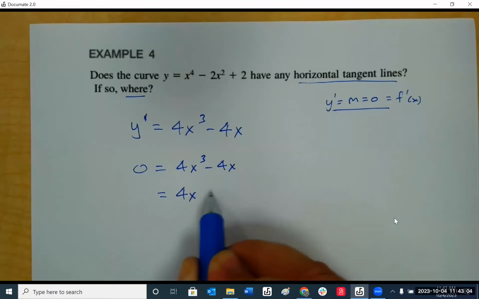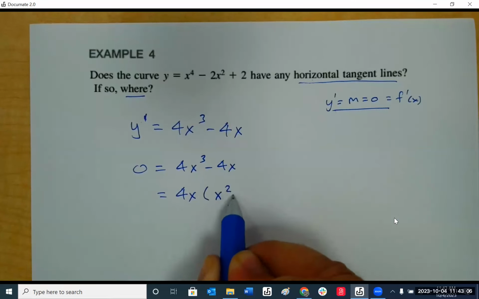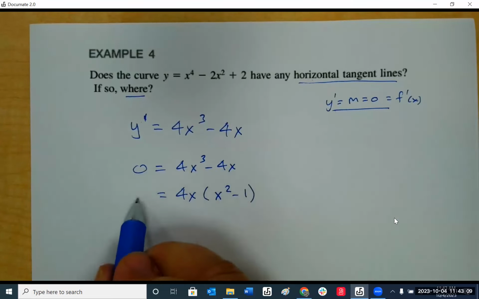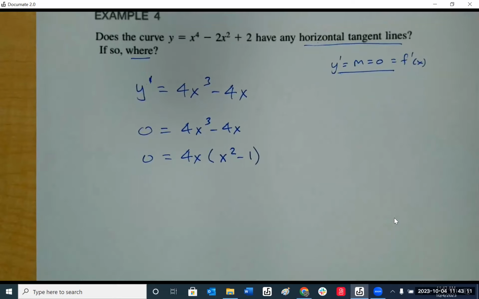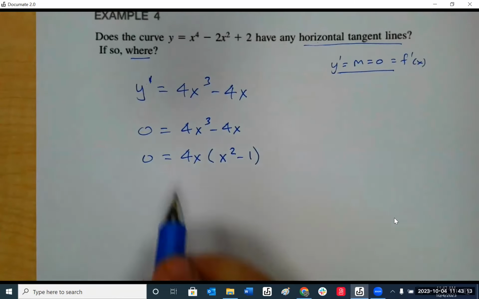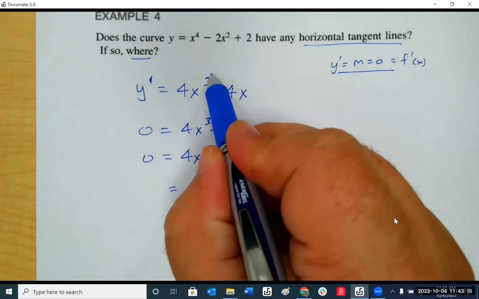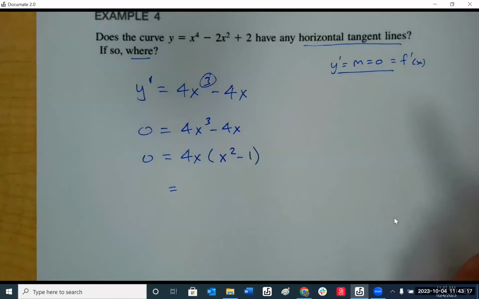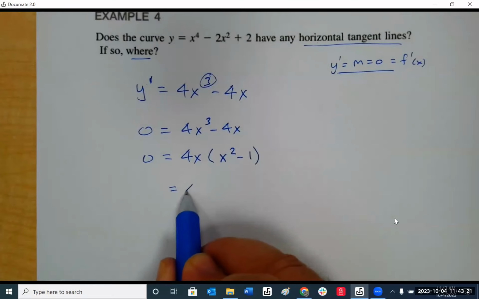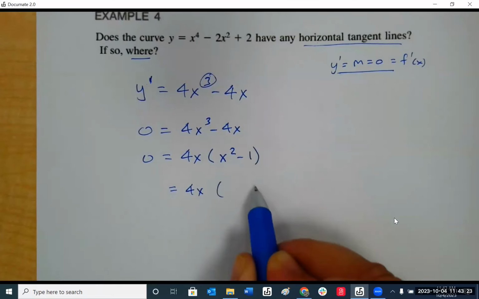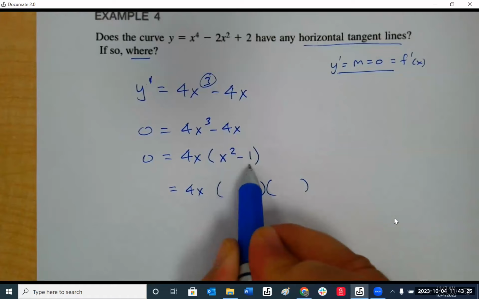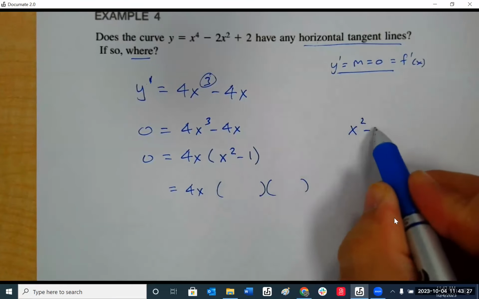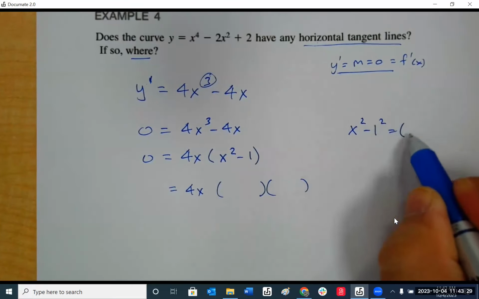So we factor out a 4x out of both of those. Because remember, this tells us that we're going to have 3 intercepts at most, or 3 solutions in this case. This, fortunately for us, is a difference of 2 squares.